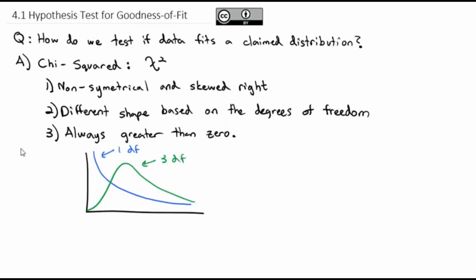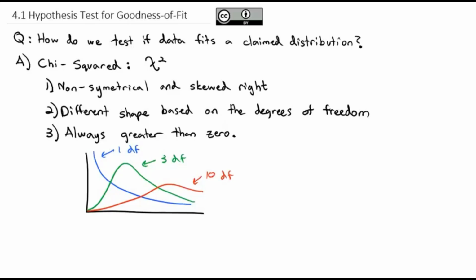And the more we increase the degrees of freedom, that hump is going to move slightly over. So this red line might represent 10 degrees of freedom. And so you see the shape varies quite dramatically based on the number of degrees of freedom we have.